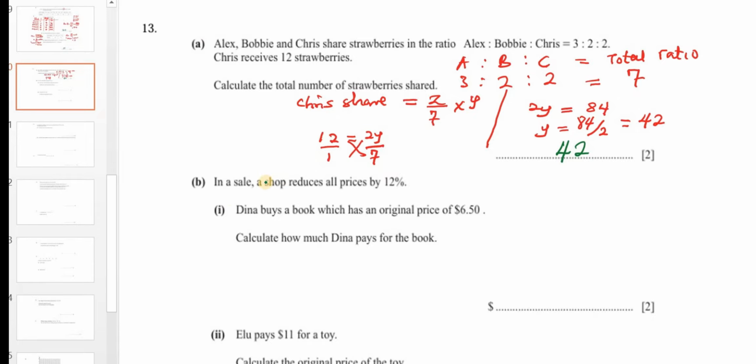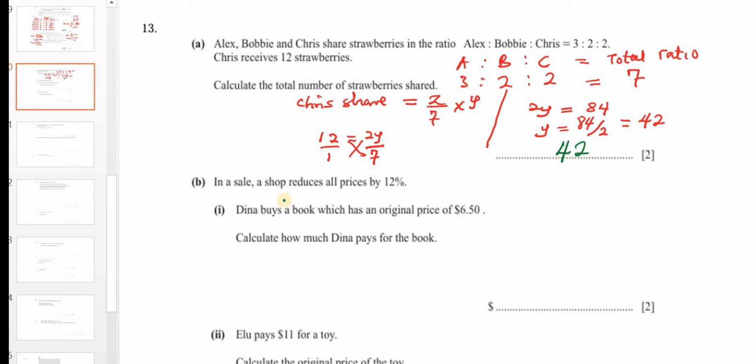Then part B said in a sale, the shop reduces all prices by 12%. You know, in most shops, after the tag price, you see some slash, or we call it discount.